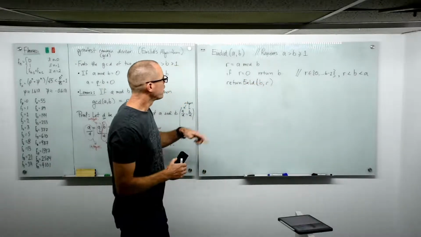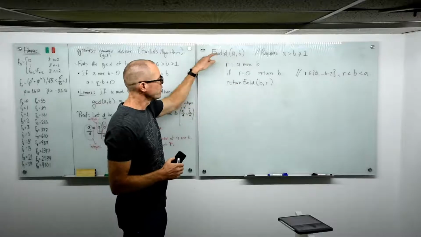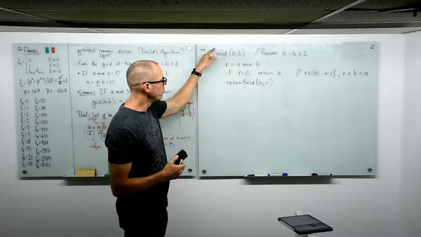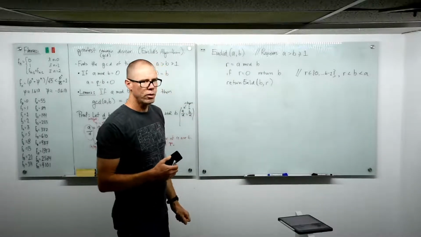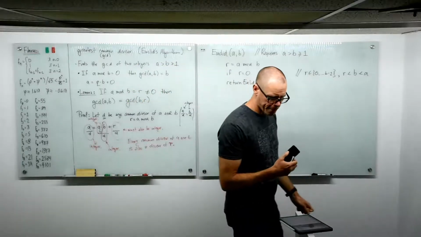So I should be calling this thing recursive. So it's a function with the same name, Euclid BR, which is computing the GCD. Okay.